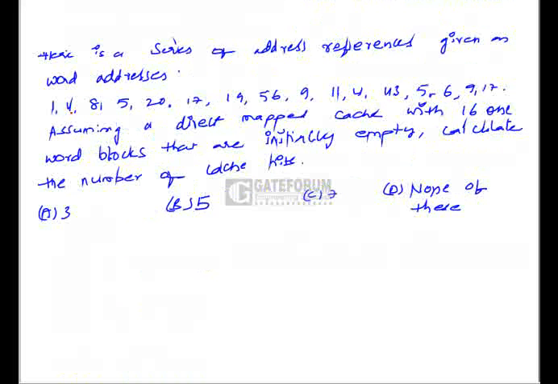In this question, a memory reference is given, and it is given that the cache contains 16 one-word blocks. So the number of blocks in the cache is 16, and we are using direct mapping. Here we have to find the number of cache hits.